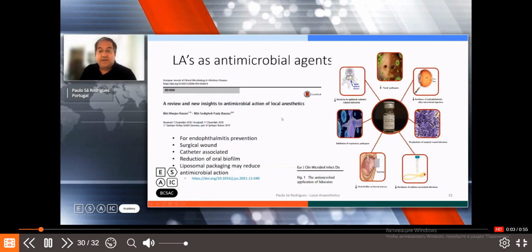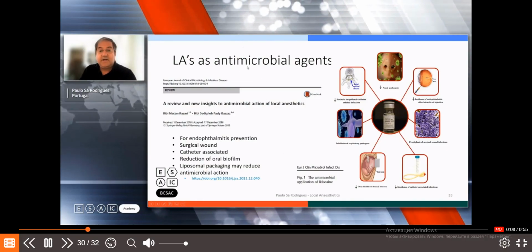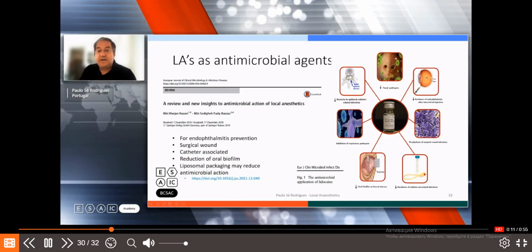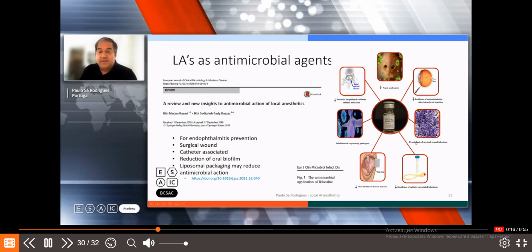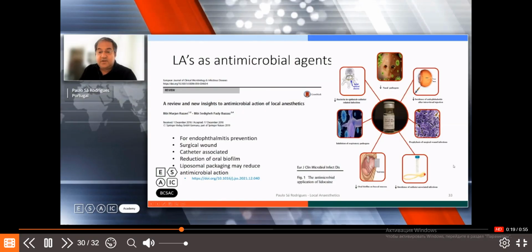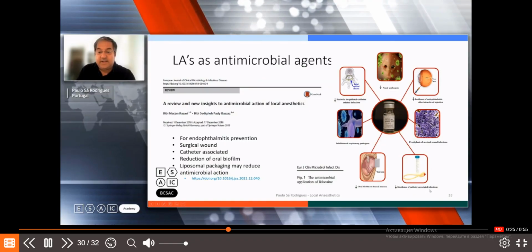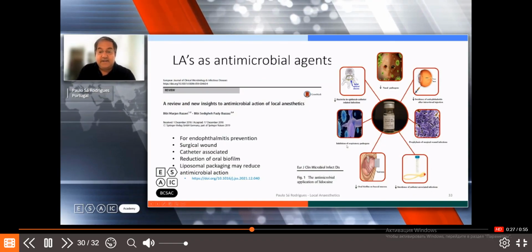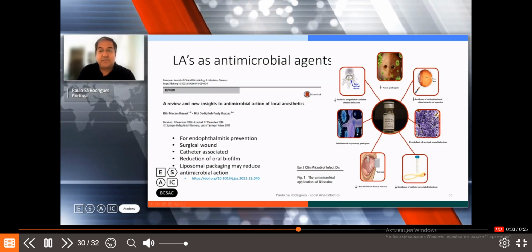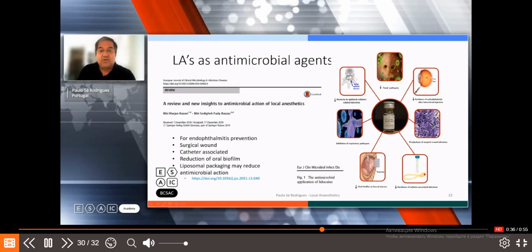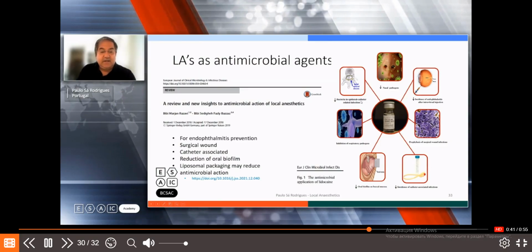Local anesthetics are also being used, and suggested to have relevant effects, as antimicrobial agents, such as in the nose, even in the eye, and in the prophylaxis of surgical wound infections, the diminution of the incidence of catheter-related infections, the changes in the oral biofilm in mucosa and inhibition of respiratory pathogens, and also diminishing bacteria in epidural catheter-related infection.